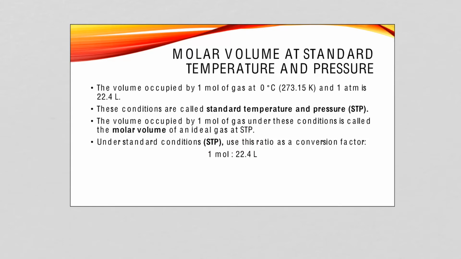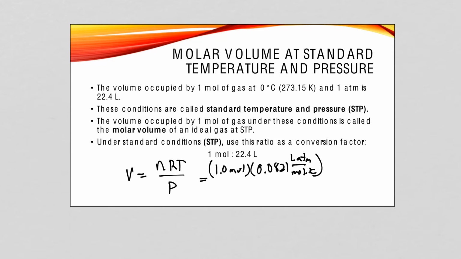Now, where does this number come from? Well, if we look at our ideal gas law, volume equals nRT over P. If we do this at 1 mole at standard temperature and pressure, what we get is 1.0 mole times 0.0821 liter atmosphere per mole Kelvin times 273 Kelvin over 1 atm.